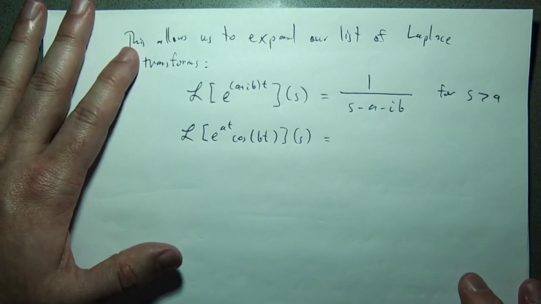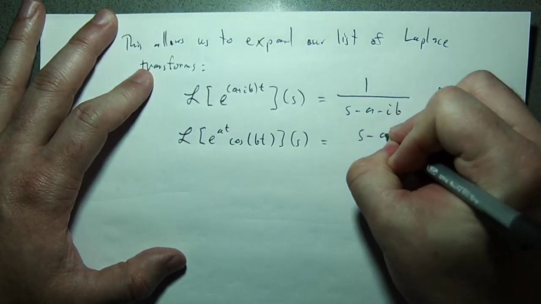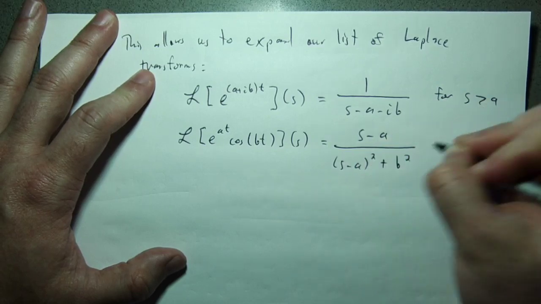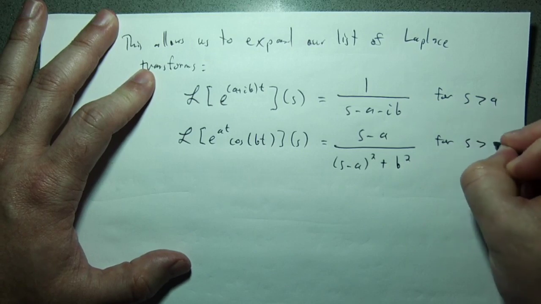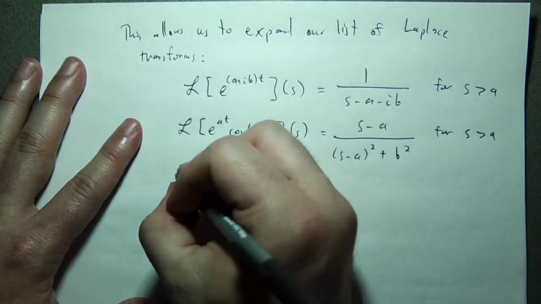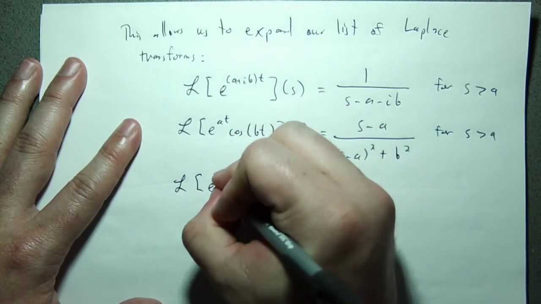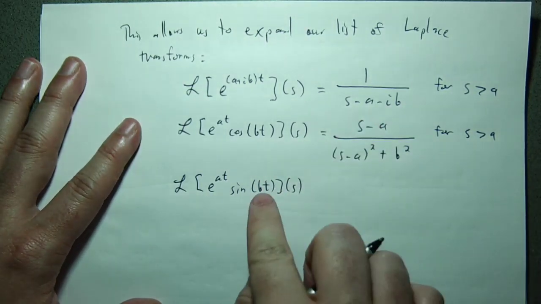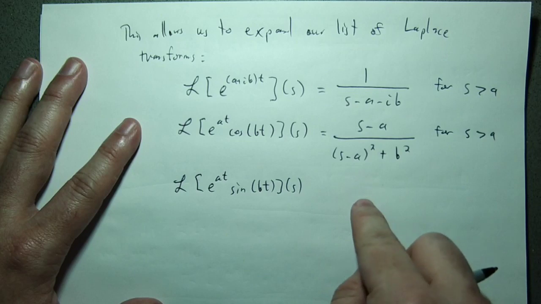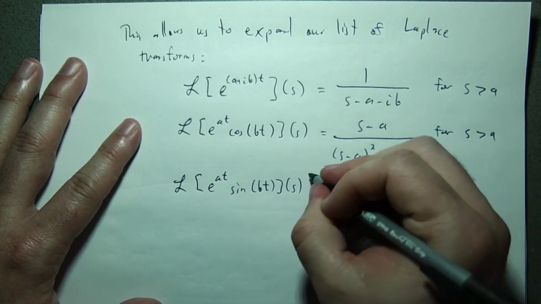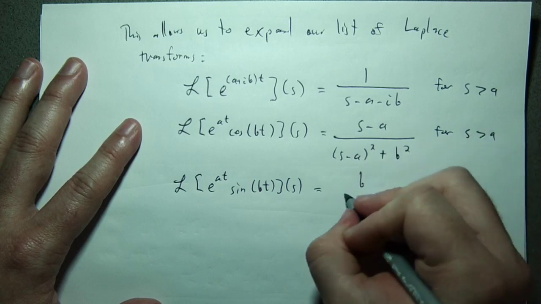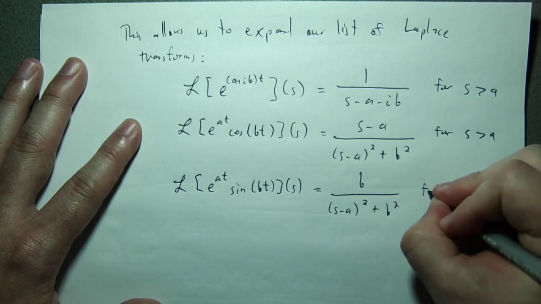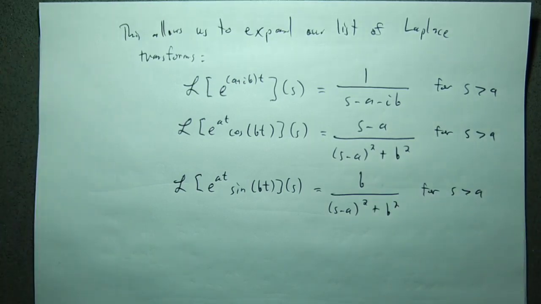And so this becomes s minus a over (s minus a) squared plus b squared, for, again, s bigger than a. I have the Laplace transform of e to the at sine of bt, of s. Remember, the Laplace transform of sine of bt was b over s squared plus b squared. And so this is b over (s minus a) squared plus b squared, for s bigger than a.